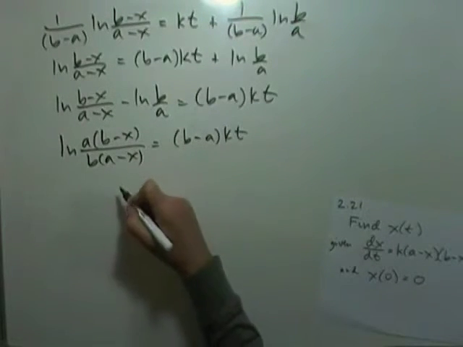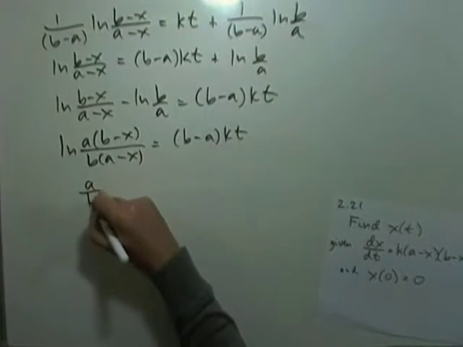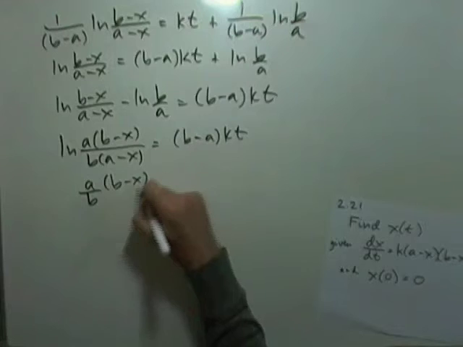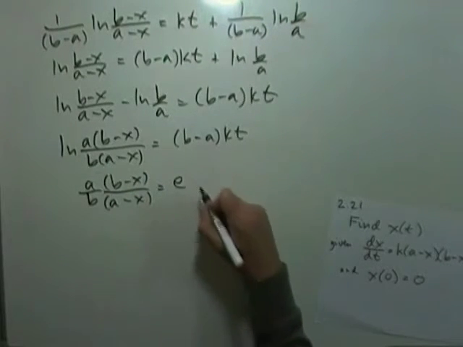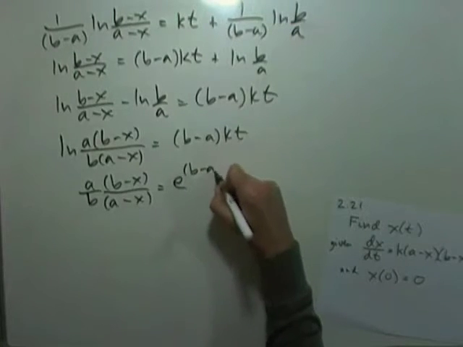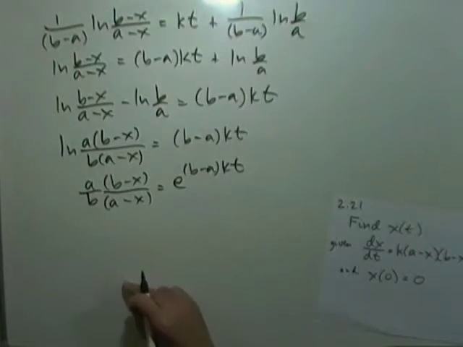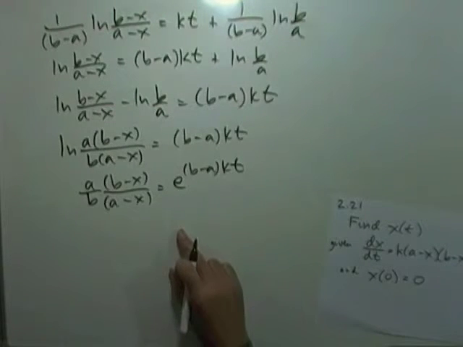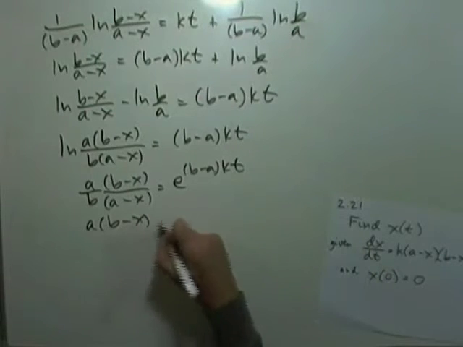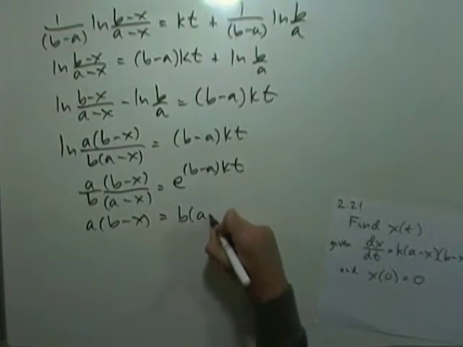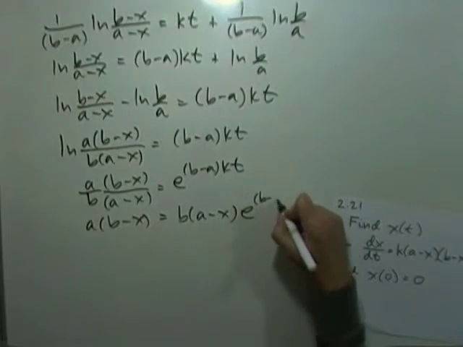And obviously get rid of that log then, which means I would have a over b times b minus x over a minus x is e to the power b minus a kt. Now it's going to look like that last question. So the next part would be get rid of this fraction here. So I've got a times b minus x equals b times a minus x, taking that across and multiplying, e to the same thing.